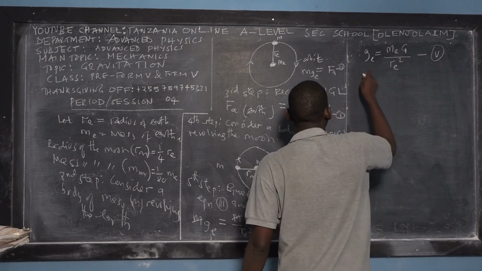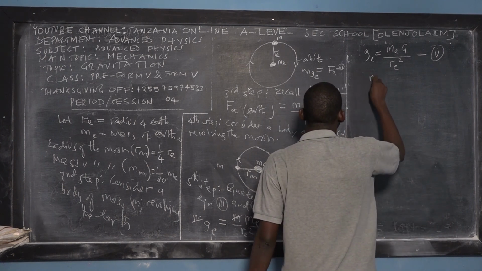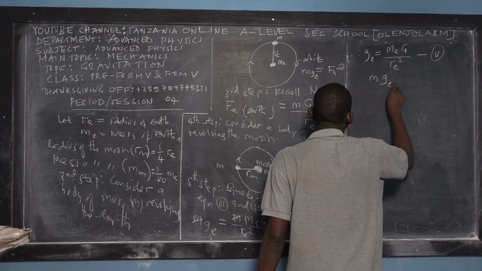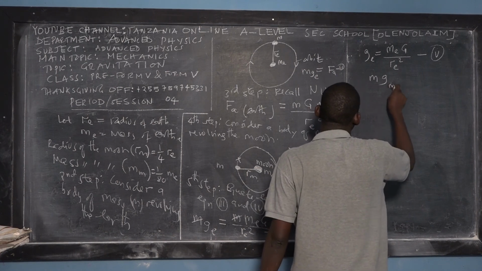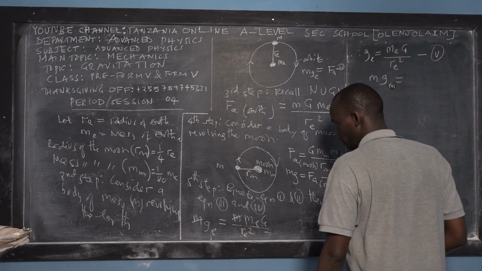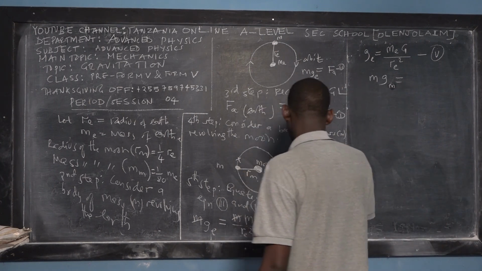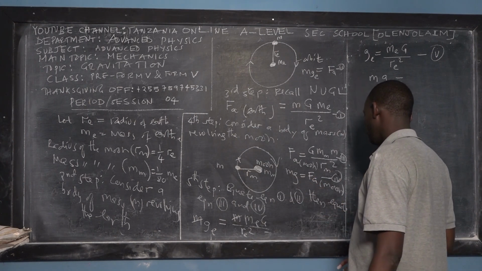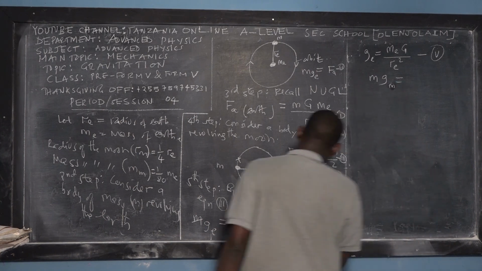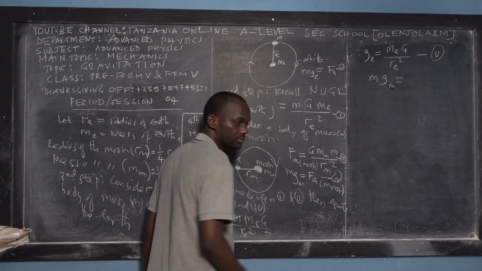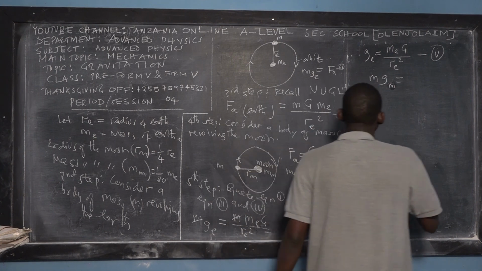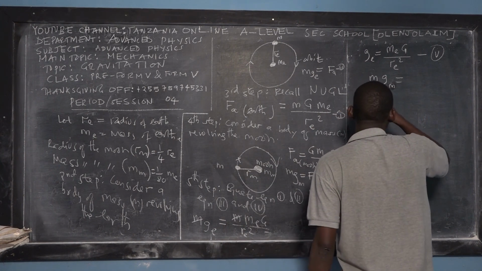And then we have to equate again the mass of the body and the acceleration due to gravity on the moon, g on the moon. What is the g of the moon? This is g on the surface of the moon, the acceleration due to gravity on the surface of the moon.